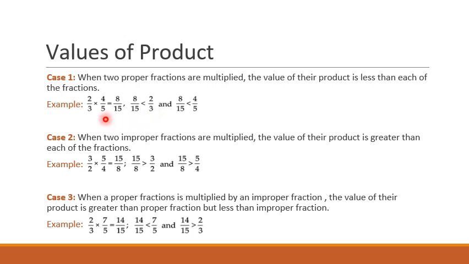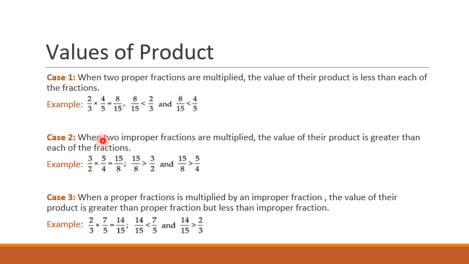Similarly, if you check, 8 by 15 is less than 4 by 5. So this product 8 by 15 is less than both the fractions, that is 2 by 3 and 4 by 5. Now let's take the second case.